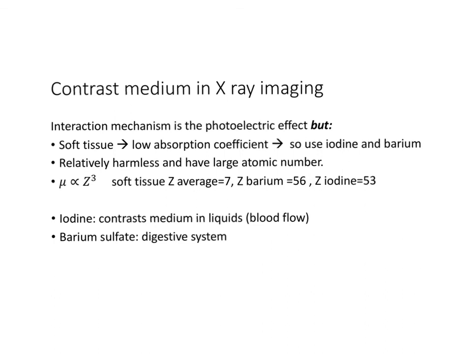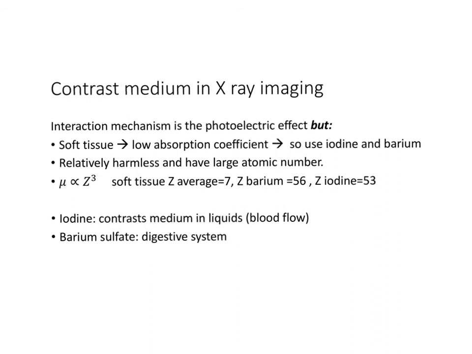So we tend to use contrasting media to be able to differentiate soft tissue, such as iodine and barium. The reason iodine and barium are used is because they're relatively harmless and they have large atomic numbers.